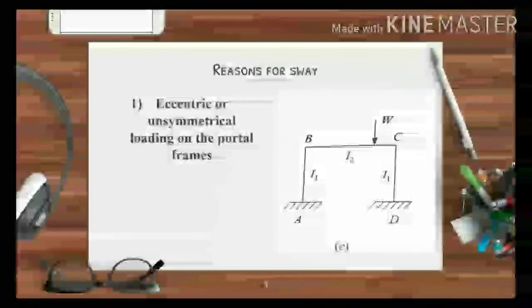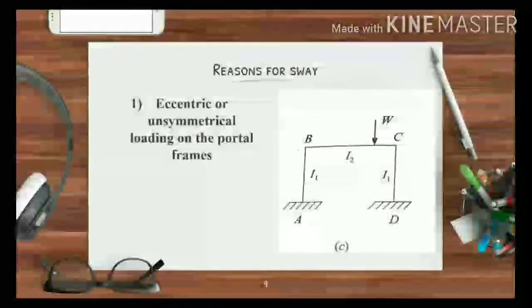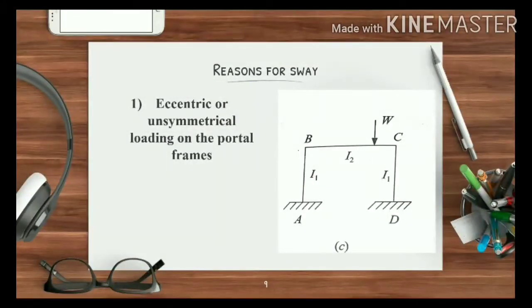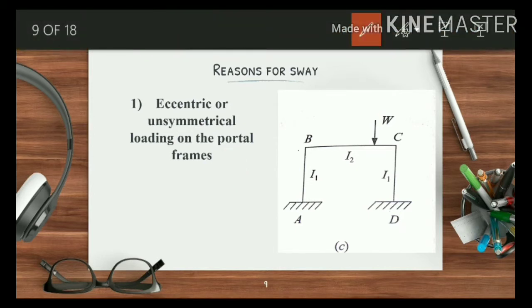So next comes sway frames. What are the reasons for sway? What are the conditions to be checked to decide whether the frame is a sway or non-sway frame? The first one is eccentric or unsymmetrical loading on the portal frame. If any eccentric or unsymmetrical loading is acting on the frame, then such frames will be sway frames. Here a load W is acting eccentrically on the member BC.